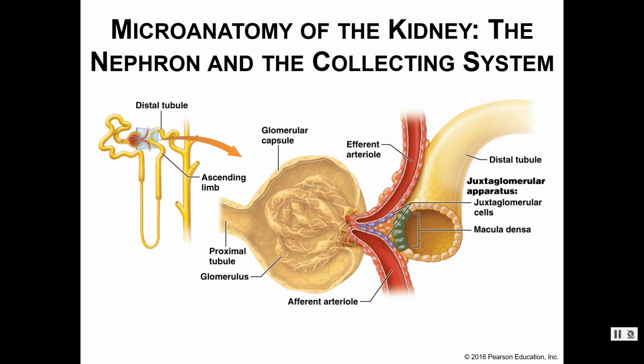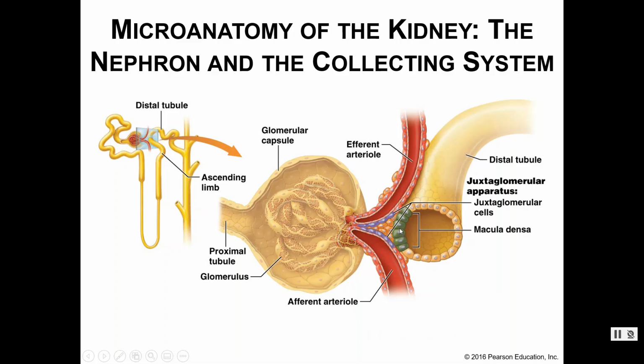So on the next slide, let's look at our picture real quick. This is your glomerulus, and this is the whole picture. We are looking at one nephron, the glomerulus and the distal tubule. See how close these things are to each other? This is the big picture, the blown up picture.